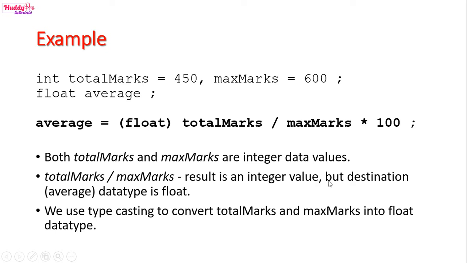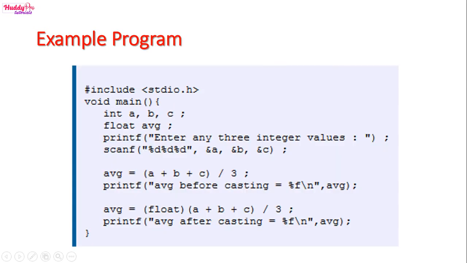But our destination, the average, is a float, because in reality the average is a float. So what do we do here? We introduce what we call type casting to convert the division of total marks and max marks, the quotient, into the float data type.